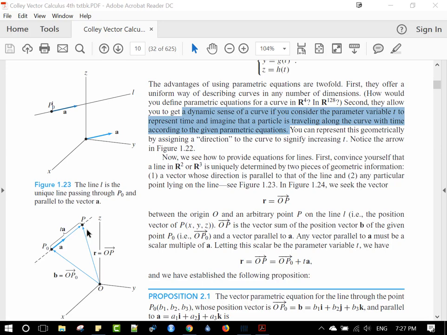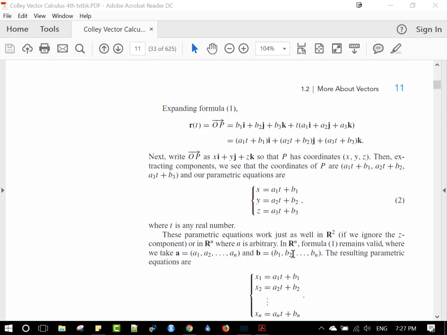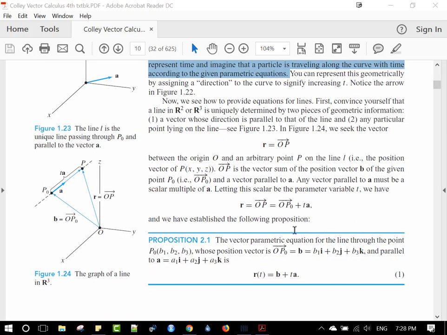So there's some t that we can fill in here, that when we take this vector plus t times A will give us this. So we can write that r equals this, and we have established the following proposition, which basically says that this defines a line.